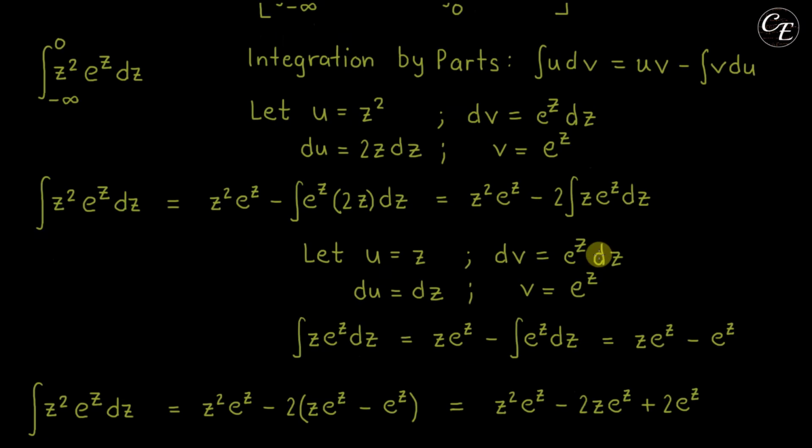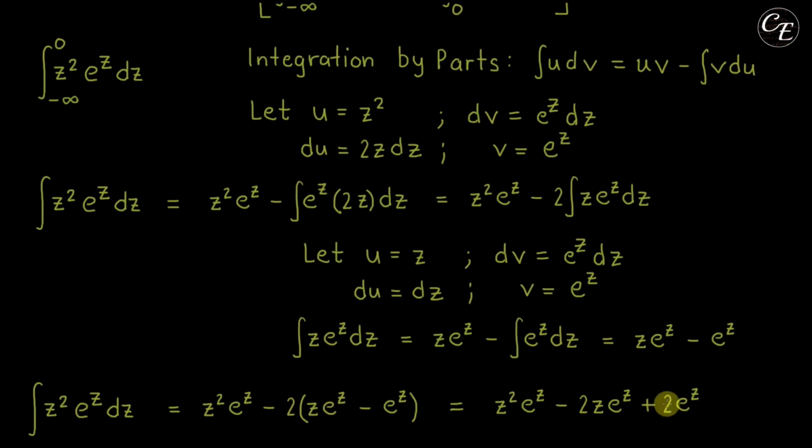So for this one, it is equal to z squared e raised to z, then minus 2 times this one, which is z e raised to z minus e raised to z. Then distributing this negative 2 to each term, we get negative 2 z e raised to z by multiplying negative 2 and z times e raised to z.